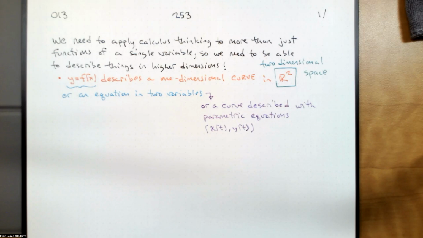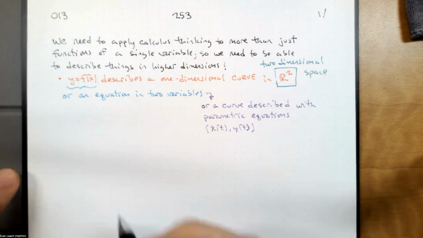So we just need to expand our calculus thinking to cover more things. Functions of more than one variable, equations with more than two variables, and other items. One of the tools that we have at our disposal is our favorite, vectors. And that's what we want to talk about today.